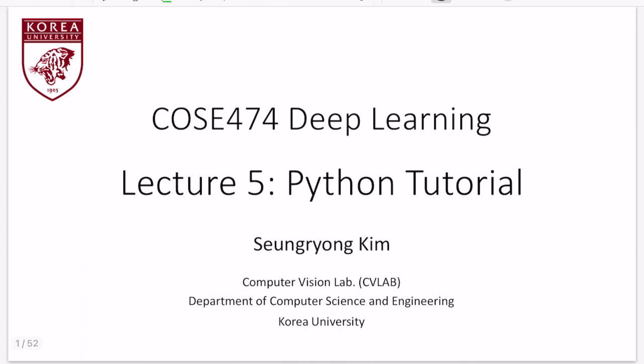So we finished the neural network, and the first homework is to implement a very simple neural network. Before that, for this homework project, you have to know the Python tutorial. I will skip this part, since I already did the Python tutorial.